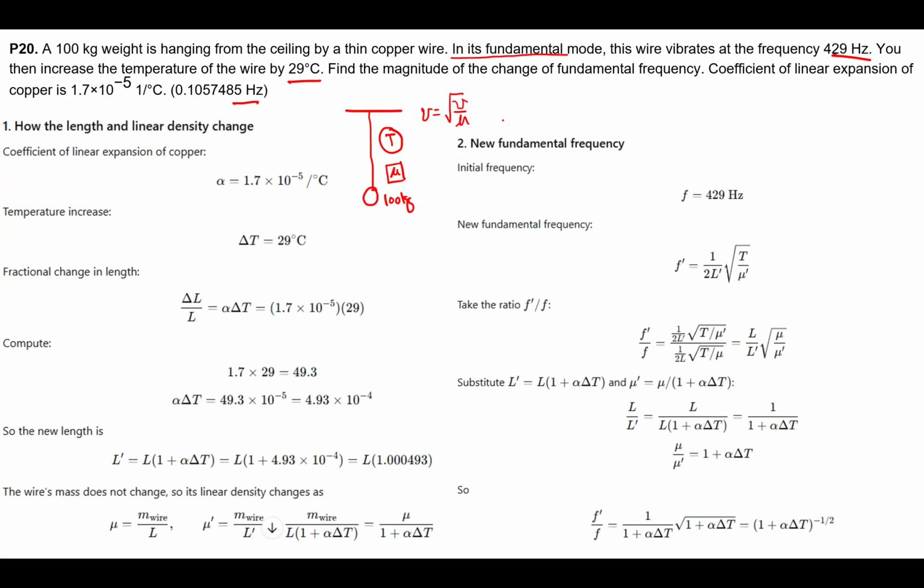And then we found out that it's a fundamental mode. That means we get the wave, and this length becomes lambda over 2.